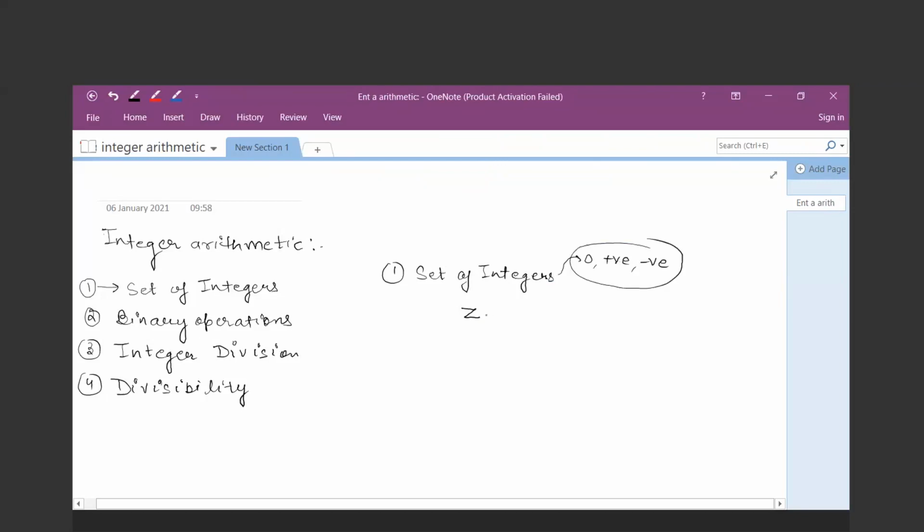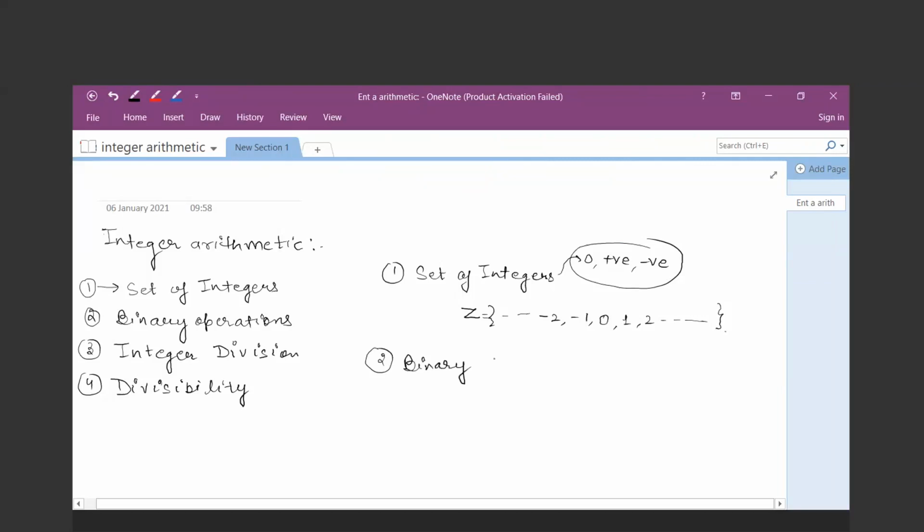In the form of a set, it is represented as Z, curly braces, negative numbers, 0, as well as positive numbers. This set does not contain a finite number of elements. It is an infinite set, which contains 0, positive numbers, and negative numbers. The second one is binary operation.